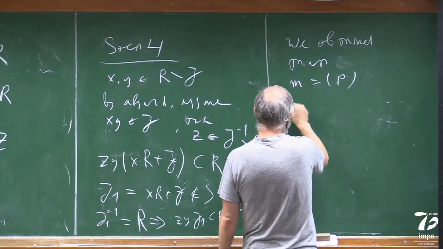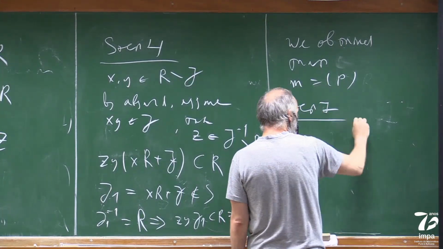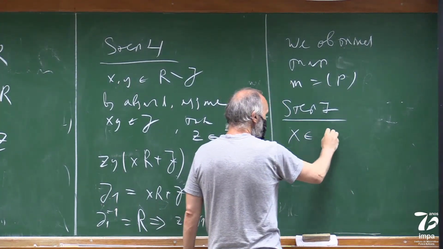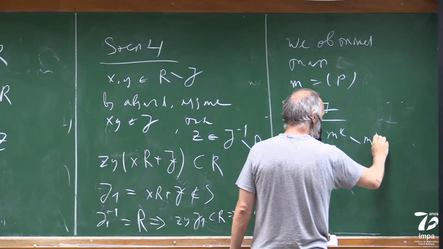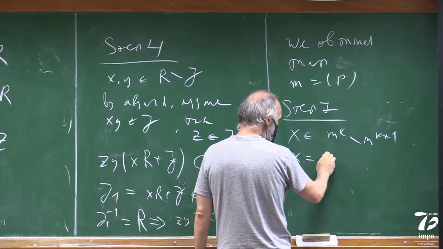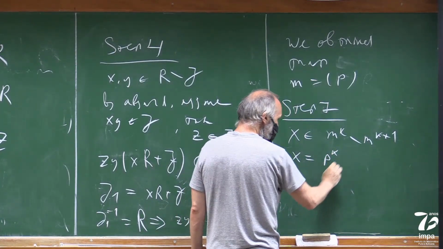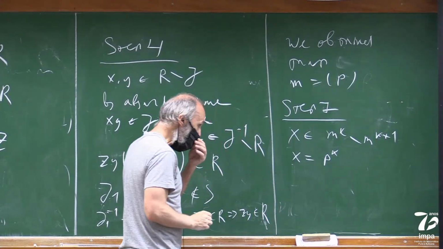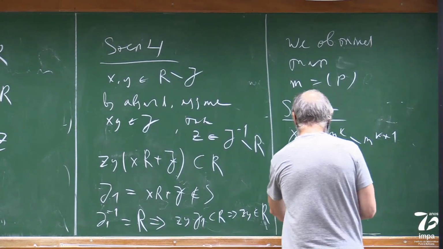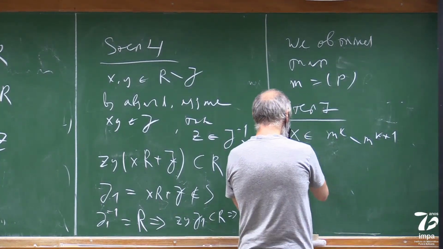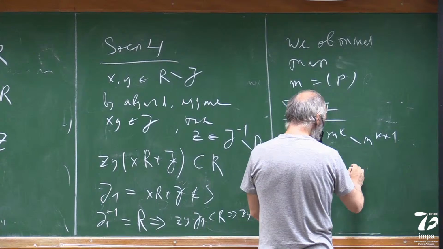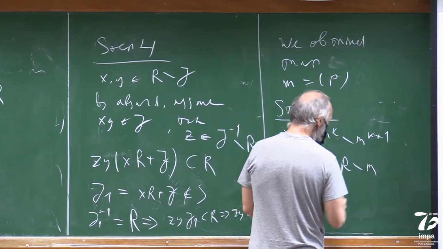Okay, now step 7, and that's it. Now everything is very easy. So you have for each x in m^k without m^(k+1), x is equal to p^k times something, so it's better to say p^(-k) times x belongs to R without m.